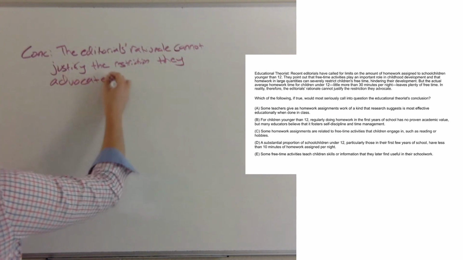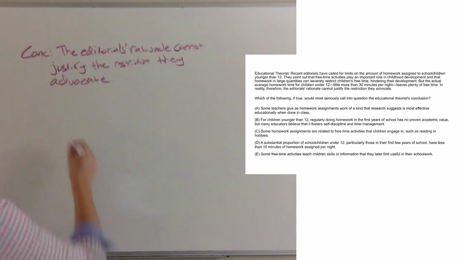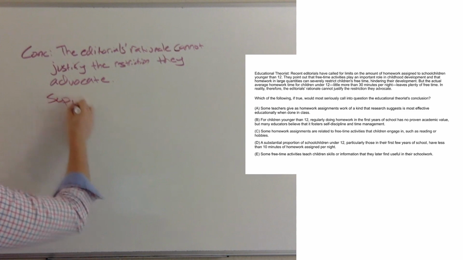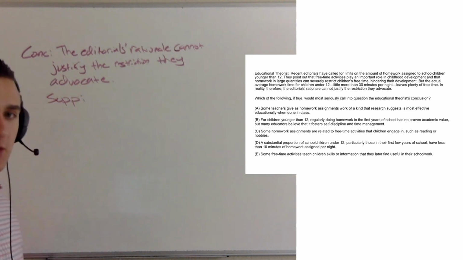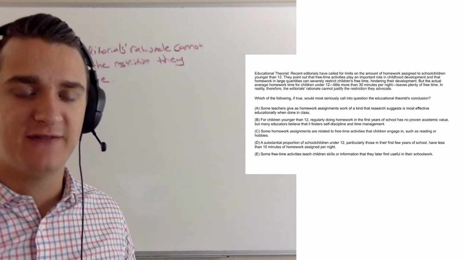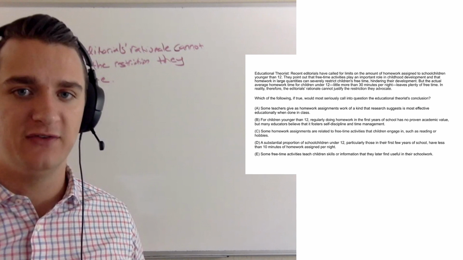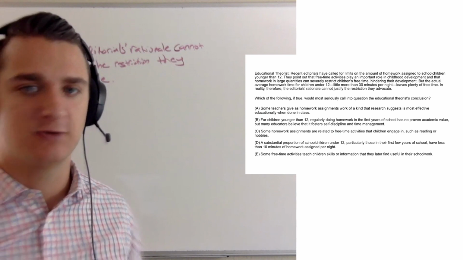Now, I also want to identify what support is given in the passage for that. And really the support in the passage is the sentence right before the conclusion, where it tells me that the actual average homework time for children under 12, a little more than 30 minutes per night, leaves plenty of free time.